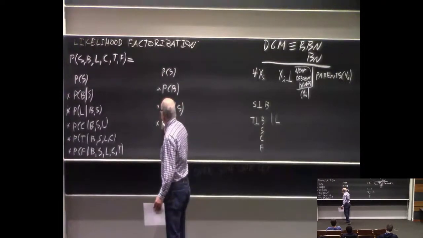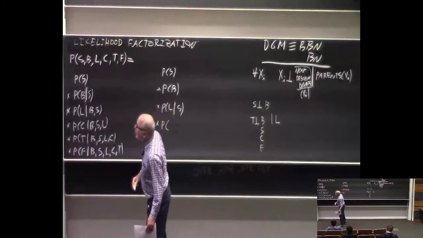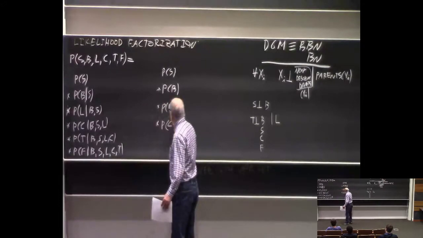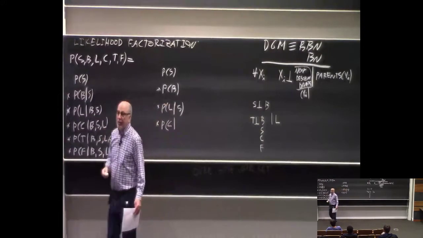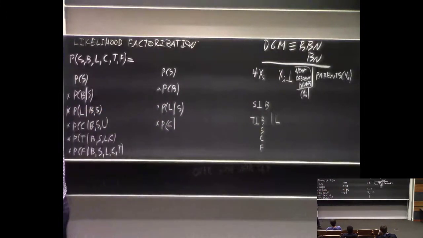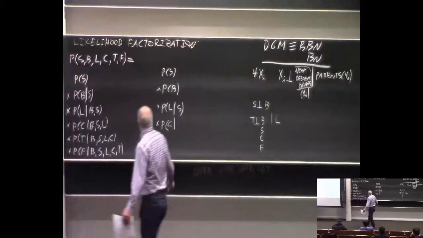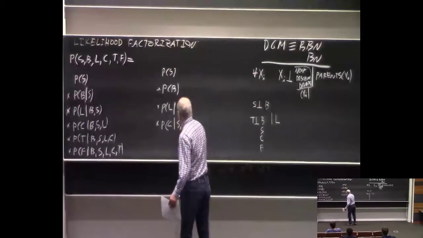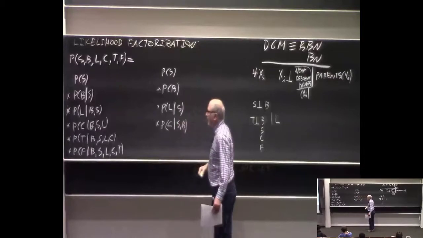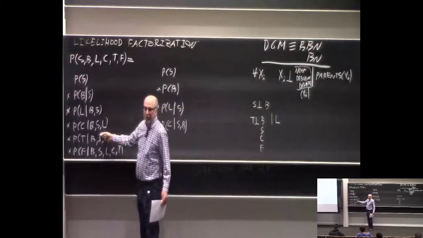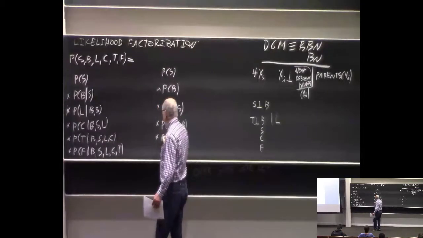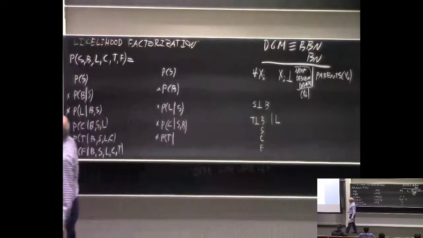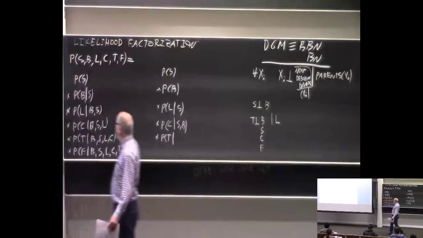This would be probability of, what is C? Campfire. I have to maintain, of these 3, the true parents, which is S and B. But I can drop the dependence on L. For thunder, I have to maintain the dependence on L only.